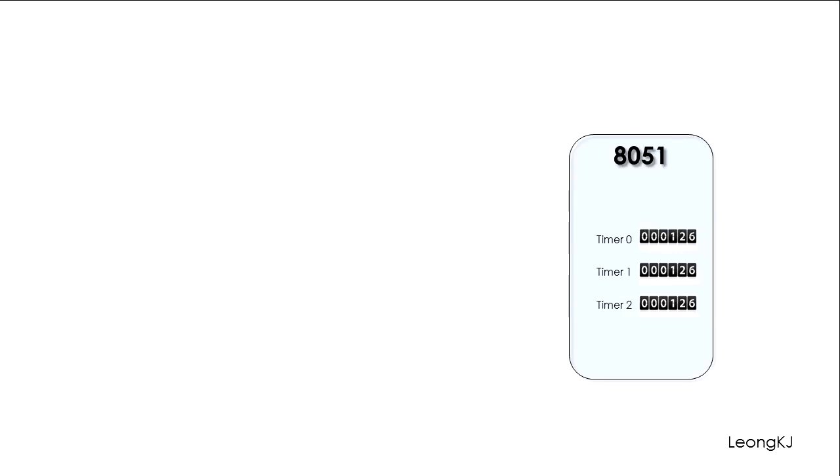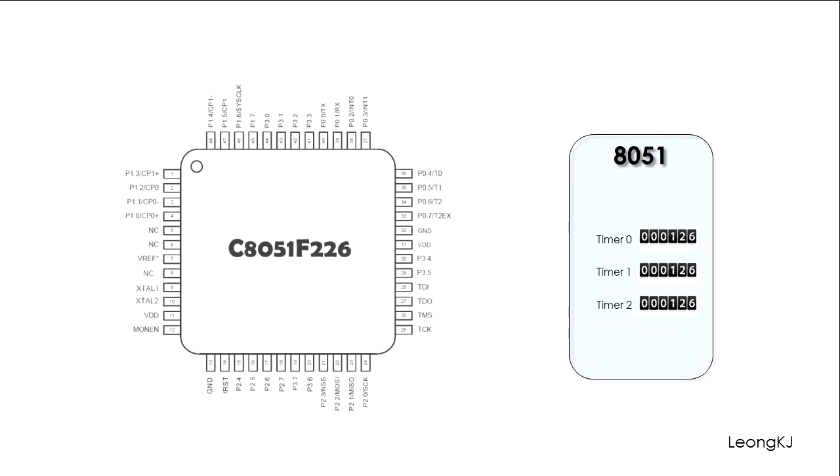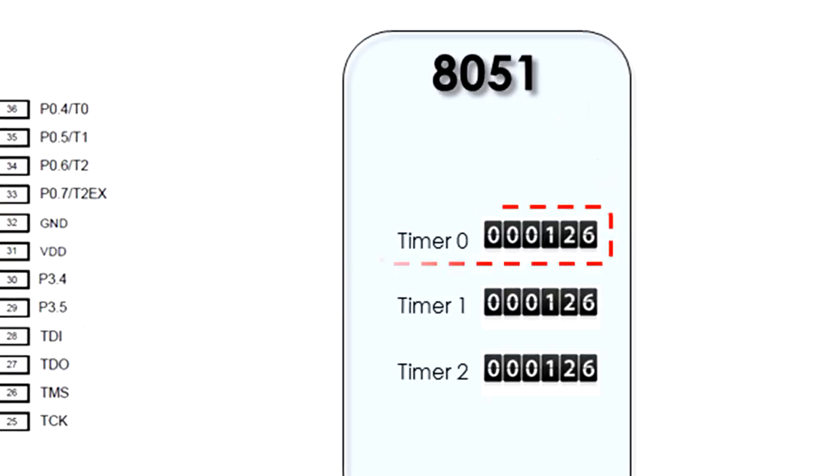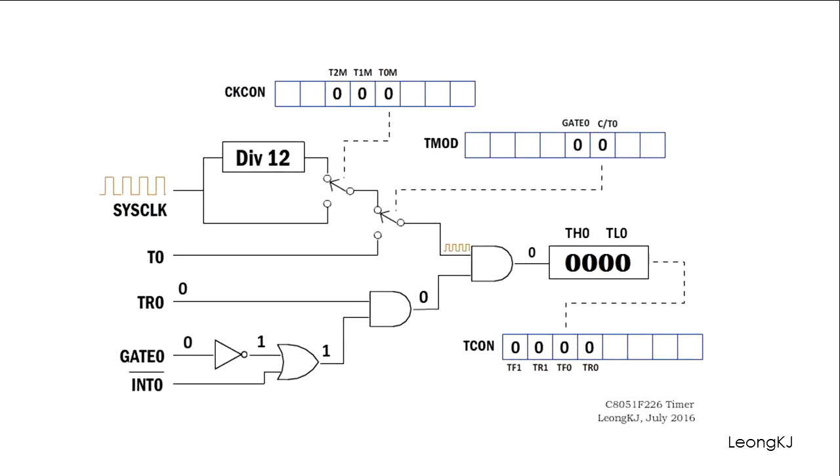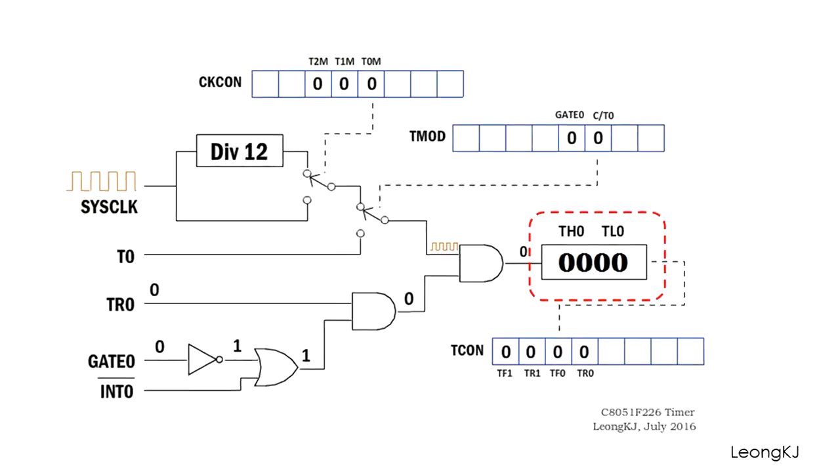The timer to be discussed here will be based on the Silicon Lab C8051F226 microcontroller. Let's take a closer look at timer 0. This is the logic diagram of timer 0. This is the 16-bit counter of the timer.